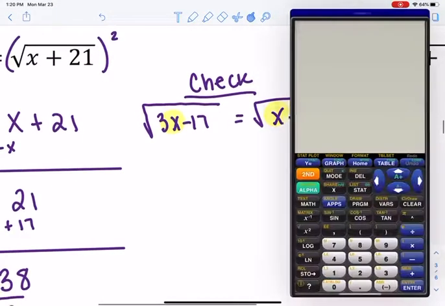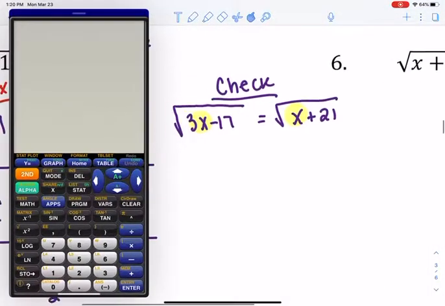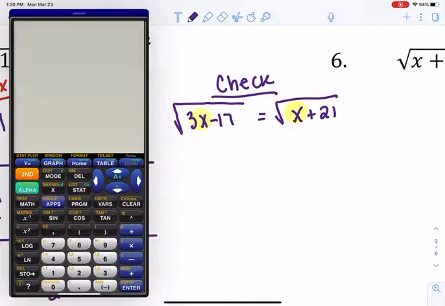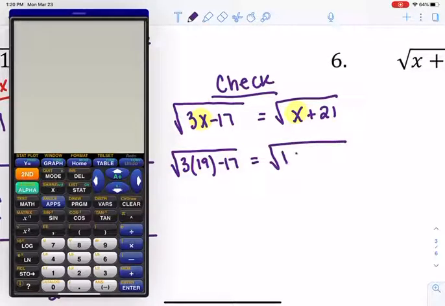And I'm going to get the calculator ready for us. All right, so we've got the square root of 3 times 19 minus 17 is equal to the square root of 19 plus 21. So notice we've got our 19.